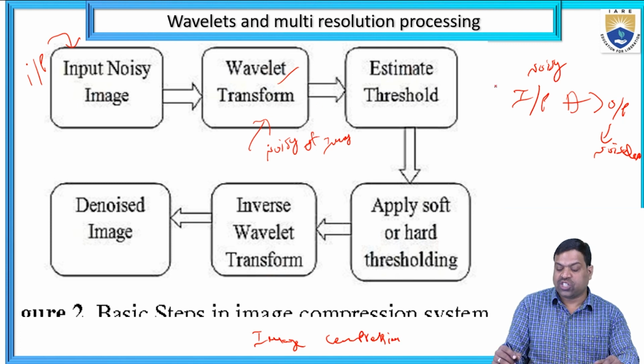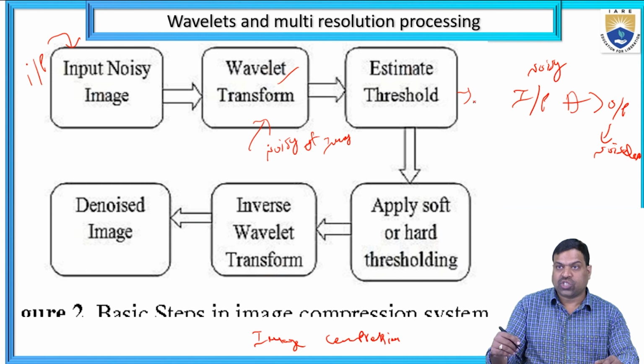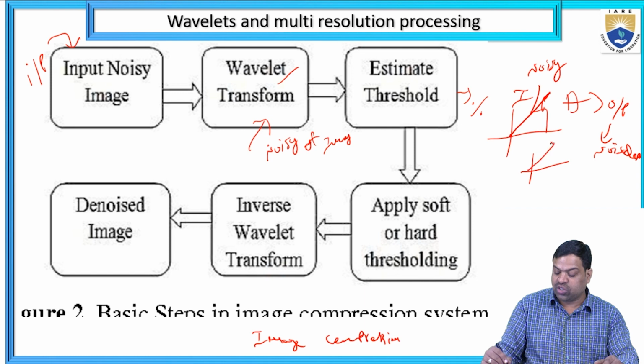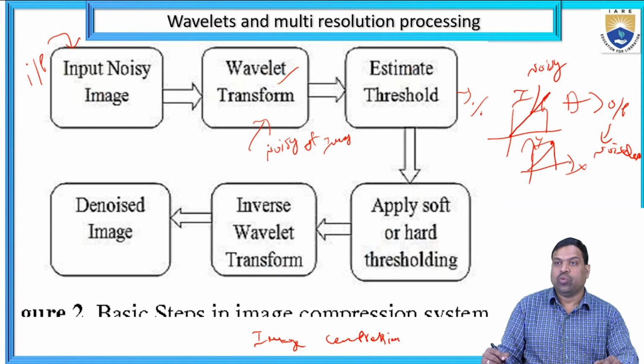Here we estimate the threshold. Estimating means how much noise is there, what percentage of noise is there, that is the threshold. Suppose I am taking one image, the image is like this or like this. Threshold means, between the x and y axis, what percentage of noise occurred, how much noise is there in the original image. That is the percentage of noise.